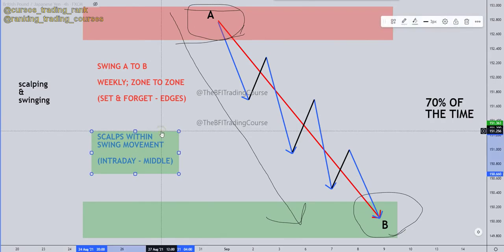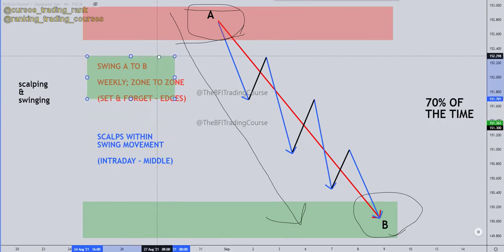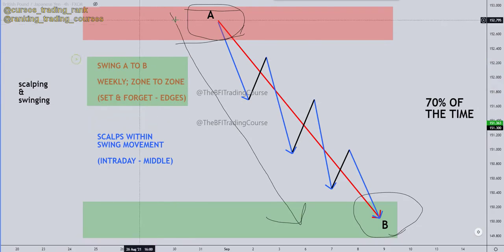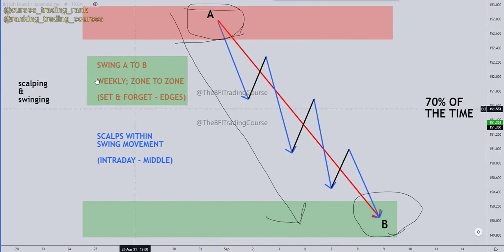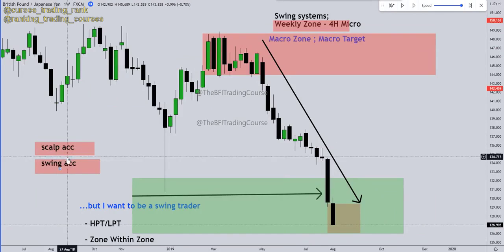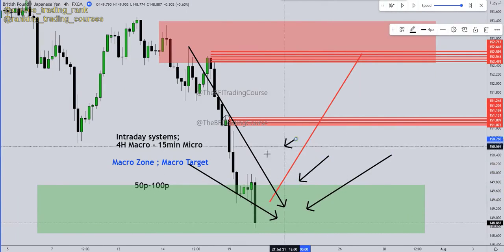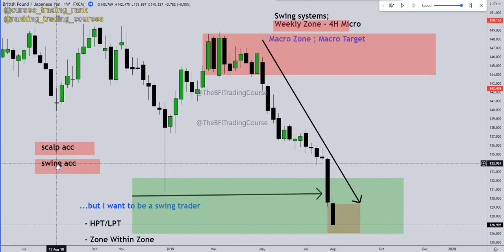Okay, and then maybe you develop some patience and you're able to click at the weekly zones and actually let them play out to weekly targets. Okay, this is why we may say separate accounts, because you can get active on your 4 hour intraday account and trade, and you don't want to be active on the swing account.